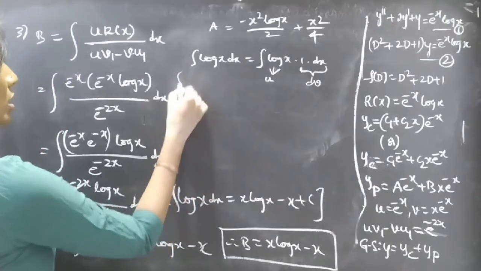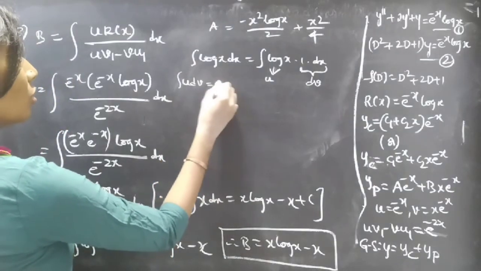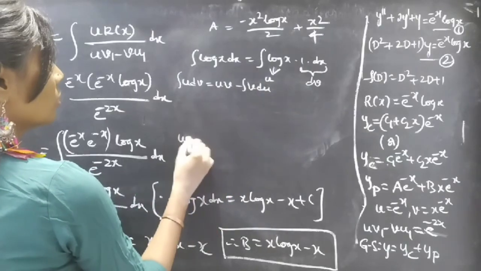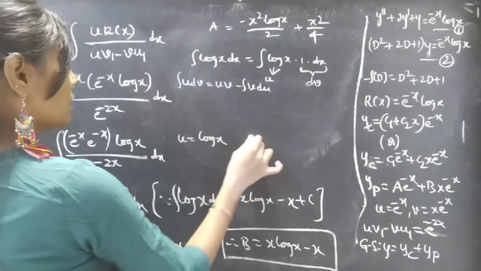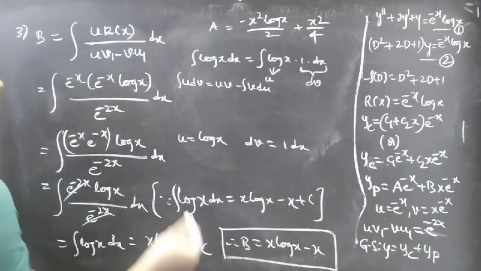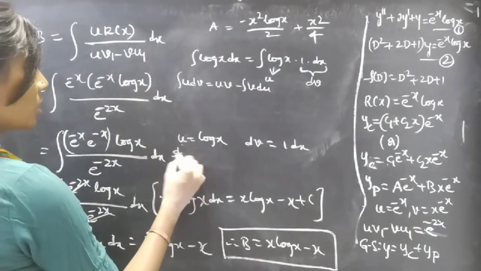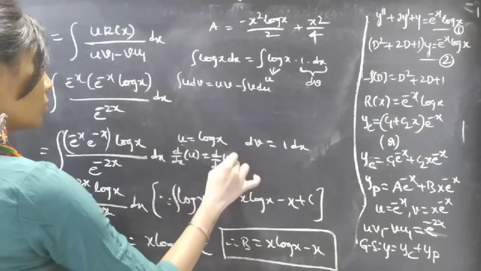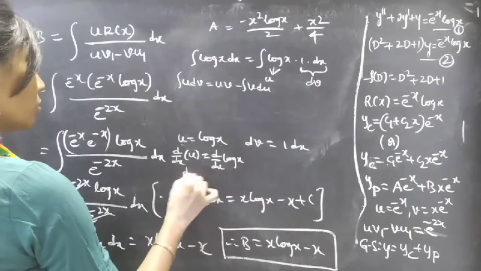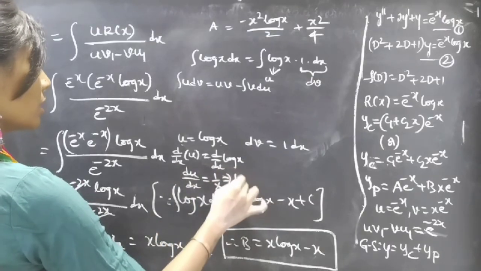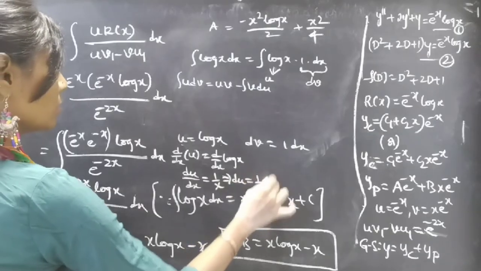Okay, we can apply integral u dv equal to uv minus integral v du, where u equal to log x and dv equal to 1 dx, or simply dx. Now differentiate on both sides with respect to x. We'll get du by dx equals the derivative of log x with respect to x, which is 1 by x. From this we'll get du equal to 1 by x dx, right?